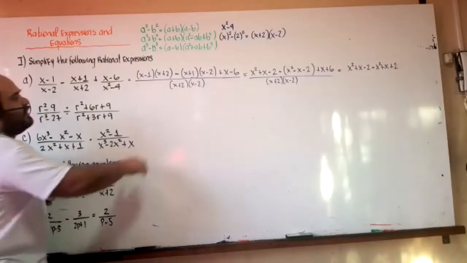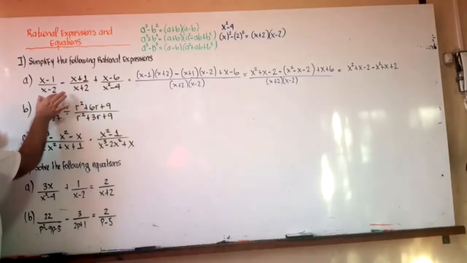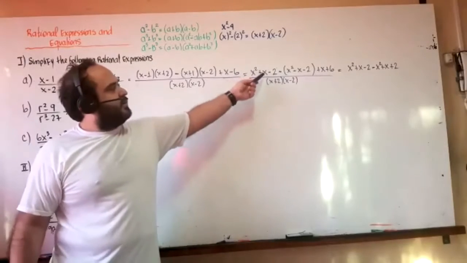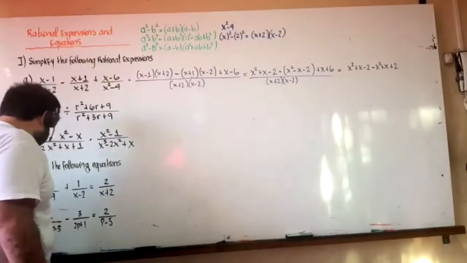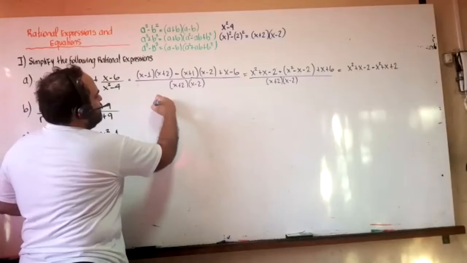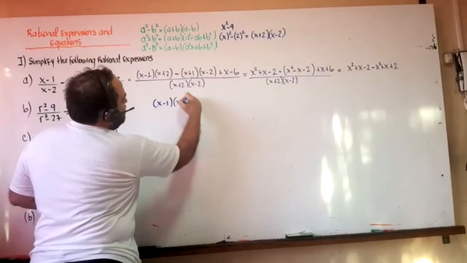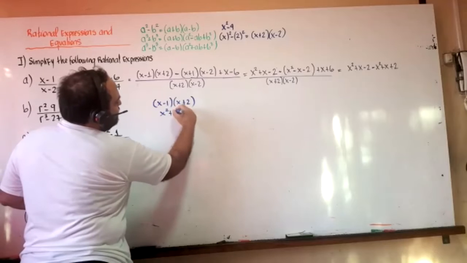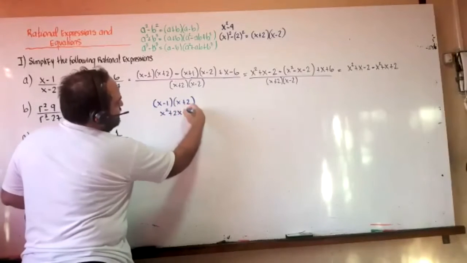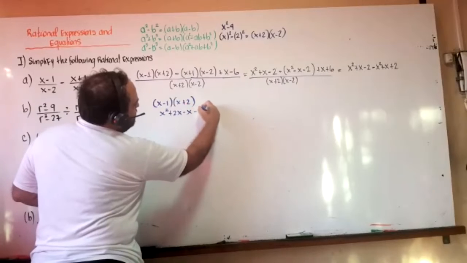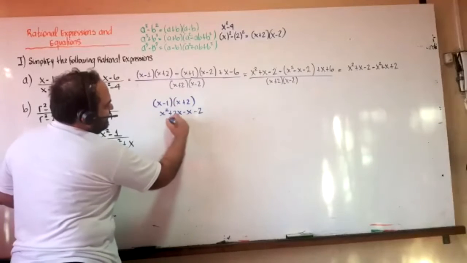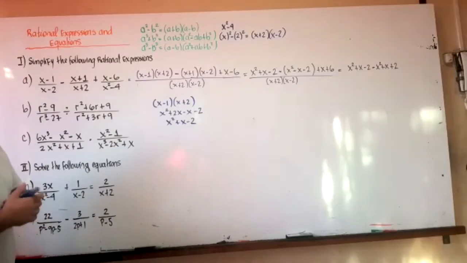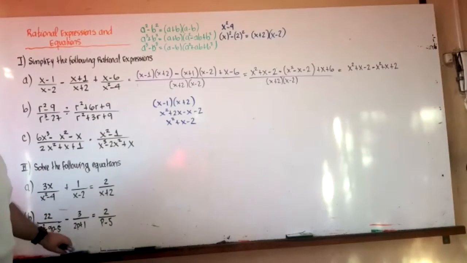In which part are you losing it? Well, when you apply, for example, x minus 1 times x plus 2, x times x is x squared, x times 2 is 2x, minus x, negative 2, right? But let's simplify it at once. Okay. Yes, let's simplify it at once.